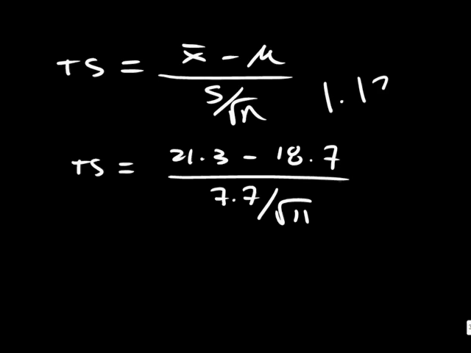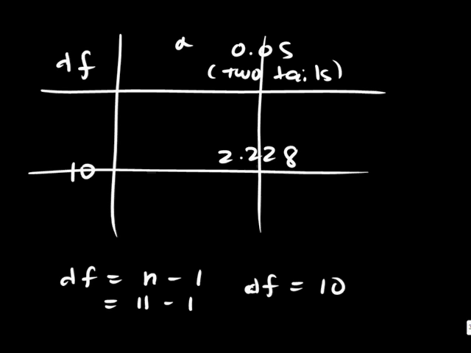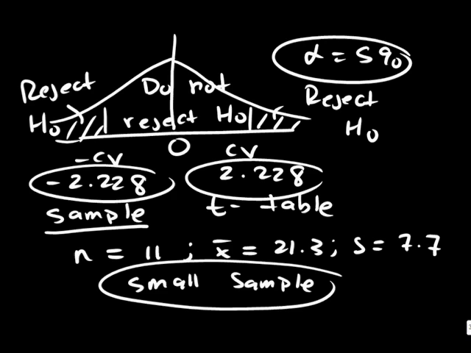Let's see where this lives in our decision rule. 1.12. Well, notice, any test statistic that lives between our critical values of negative 2.228 and positive 2.228 would give us a do not reject the null hypothesis conclusion.